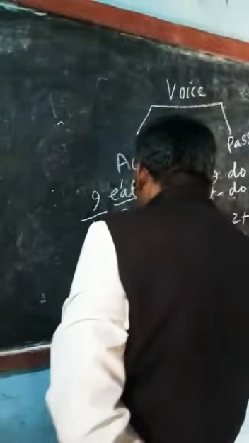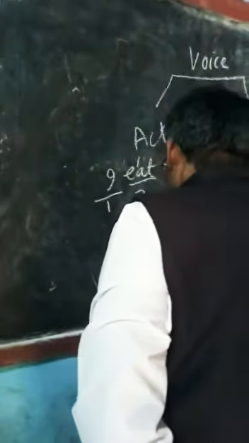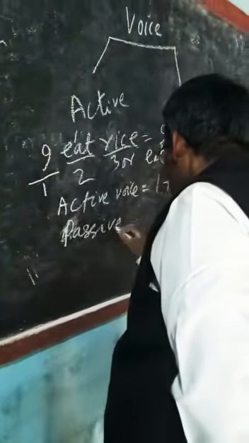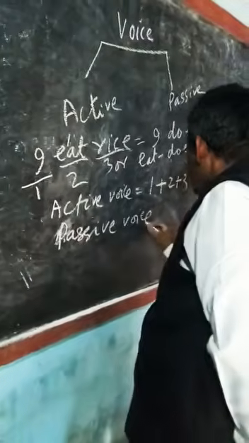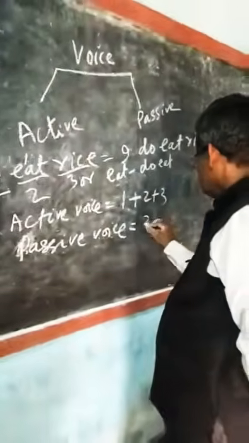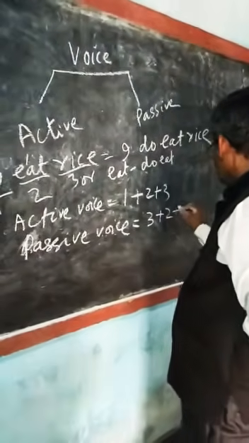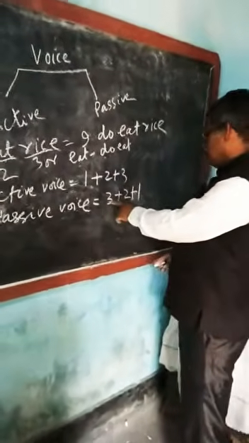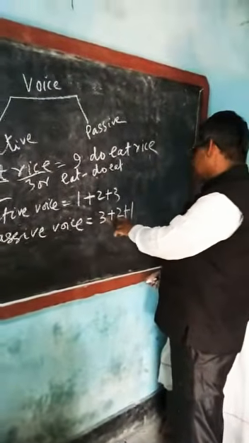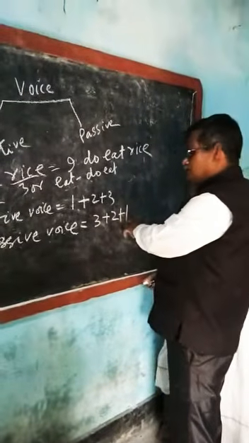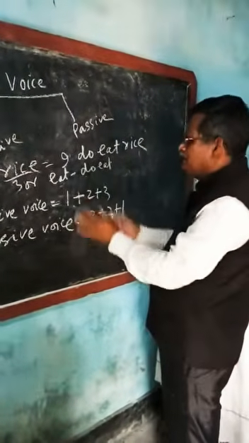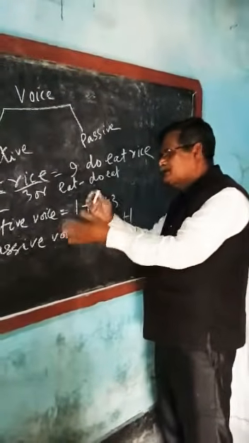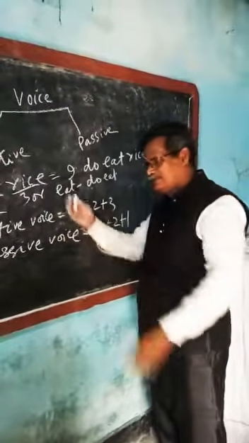In passive voice, it becomes 3 plus 2 plus 1. Your object comes to the front position and becomes the subject, this is verb, and your subject comes to the last position. Let me just write it down. After this I will simplify it and give you an exemplification and simplification. Write it down first.